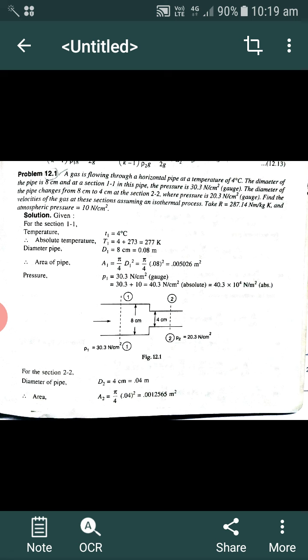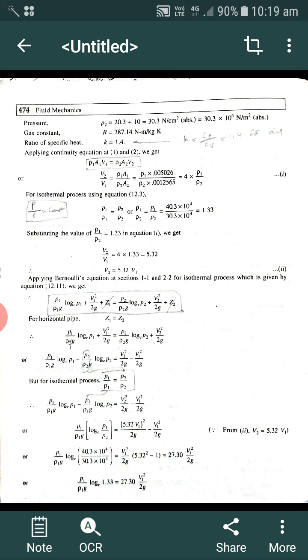Similarly for section 2 you have to write the given data. Diameter D2 is given; find out area A2 of the pipe in meters. Then pressure is given as 20.3, so here you find out absolute pressure, which is gauge pressure plus atmospheric pressure, and you will get P2.